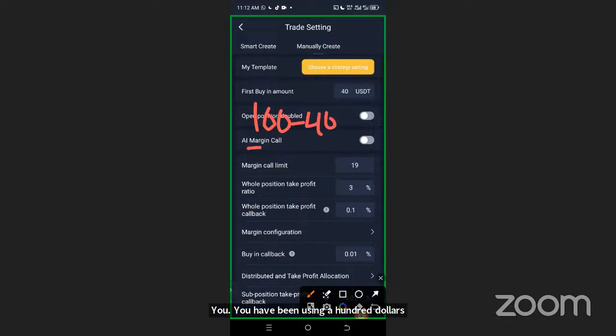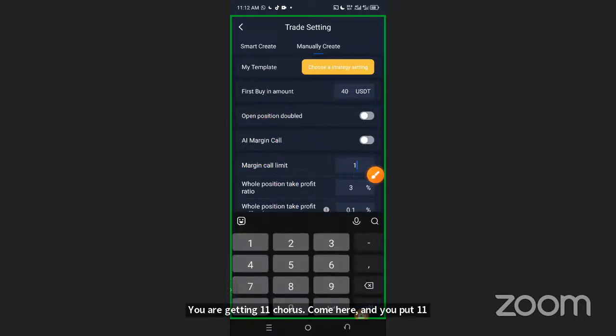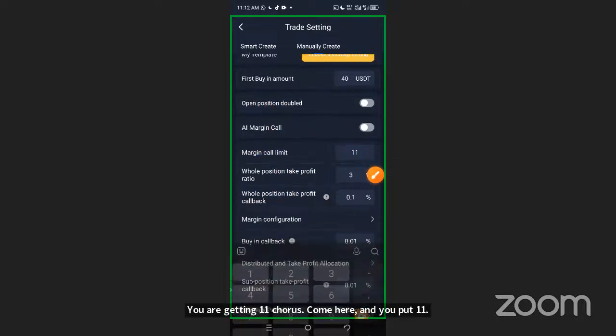What have you remained with? You have remained with $60 on your digital bank of Binance. Divide this by 5. You are getting 12. 12 minus 1, you are getting 11 margin calls. Come here and you put 11.